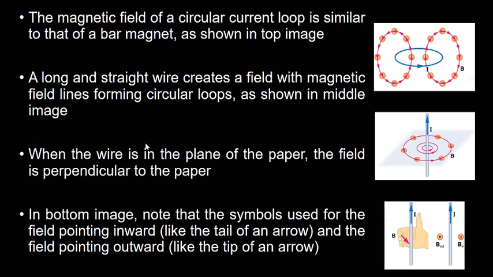Just like what we saw in the last slide, the magnetic field lines around a bar magnet, here we are seeing the magnetic field lines produced around a circular current loop. The blue color is the loop that is carrying current in the direction shown by this arrow, and if you were to put compasses shown by these orange circles, you will see that the north pole of the compass will point in the direction shown.